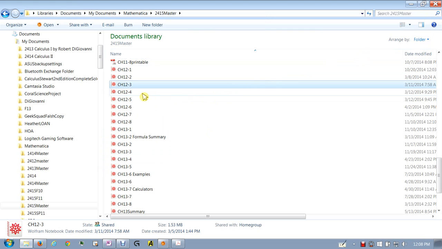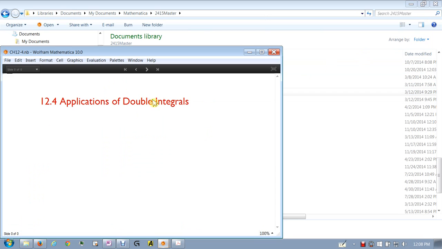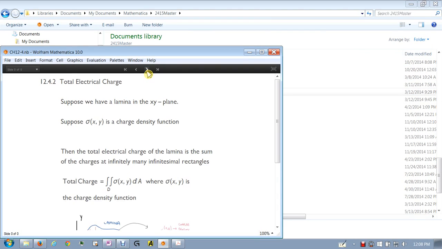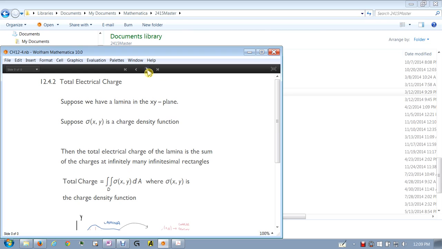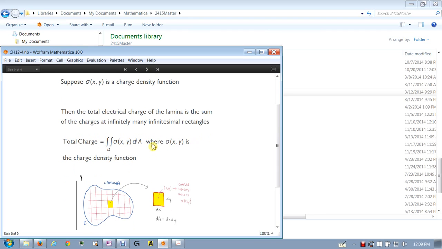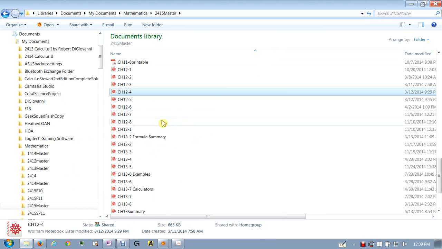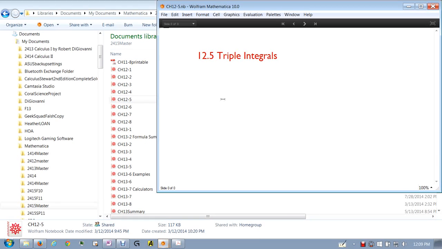you go from double integrals to triple integrals. Oh, that's applications. Applications of double integrals are like centers of mass of non-homogeneous surfaces, density, total electric charge on a lamina, things like that. 12.5, this is where you get into the triple integral.